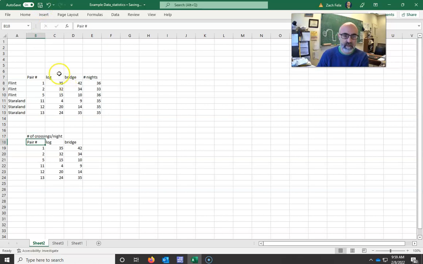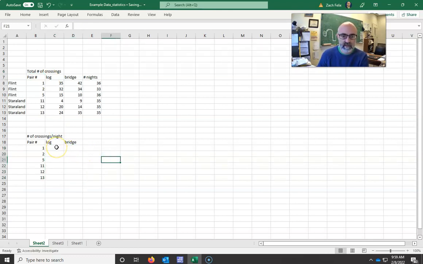Up here is the total number of crossings. Here this is going to be standardized. Okay, so we can get rid of those.